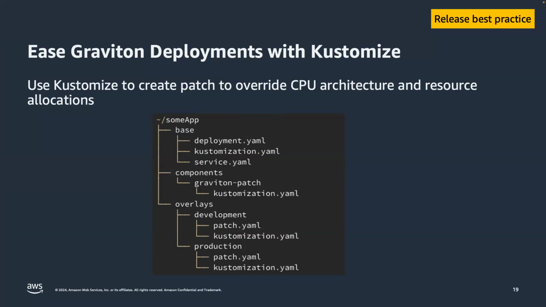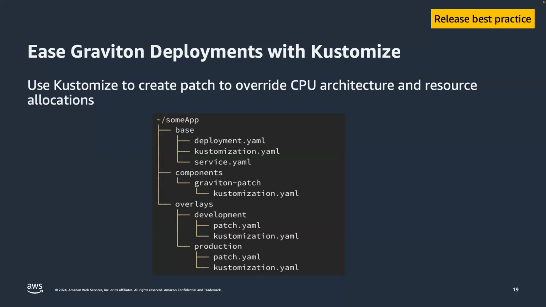And you know that Kustomize is a feature in Kubernetes that you can make use of. It actually creates resources based on other sources, right? So I have an x86 deployment as a source. And then I say, I will create a Graviton component. And what that component will do is inject the node selector to select ARM64 instances, right?